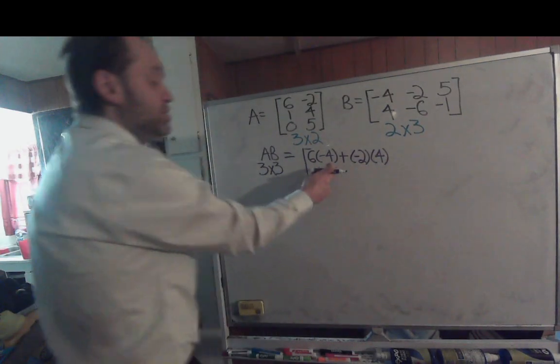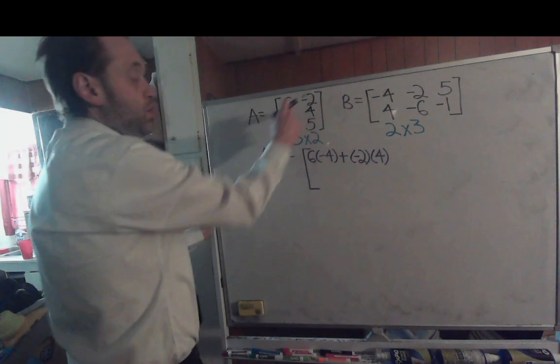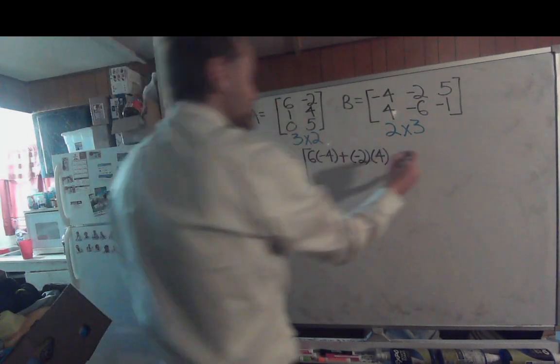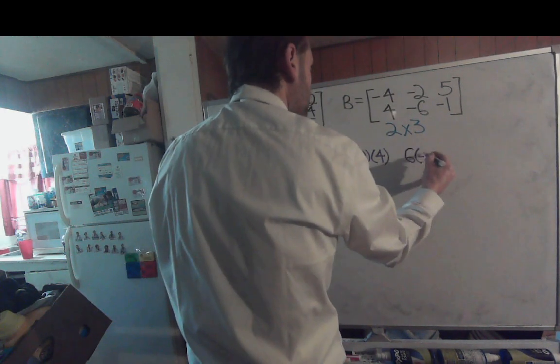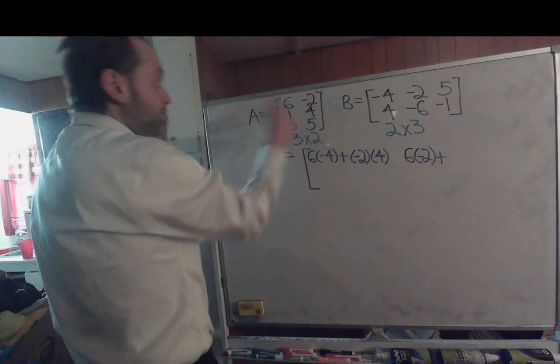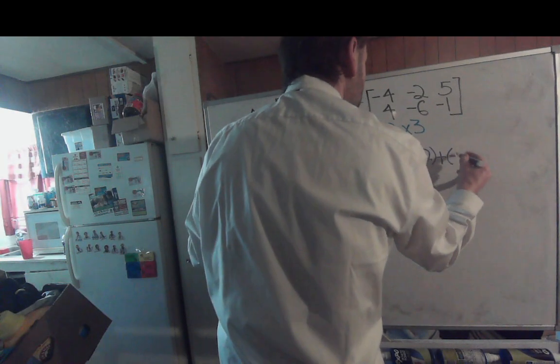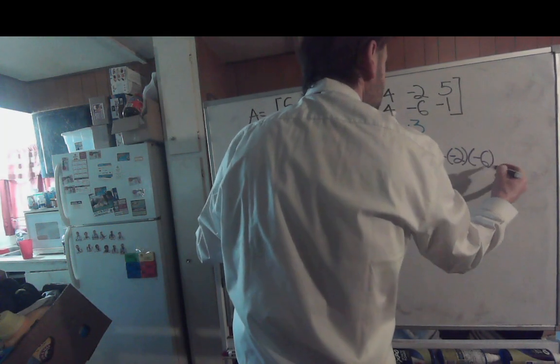And that's all you can do for your first number. Now, stick with your first row, take the first number in the first row of 6, times the first number of the second row of negative 2, plus take your second number in the first row of negative 2, times the second number of the second column, which would be negative 6.